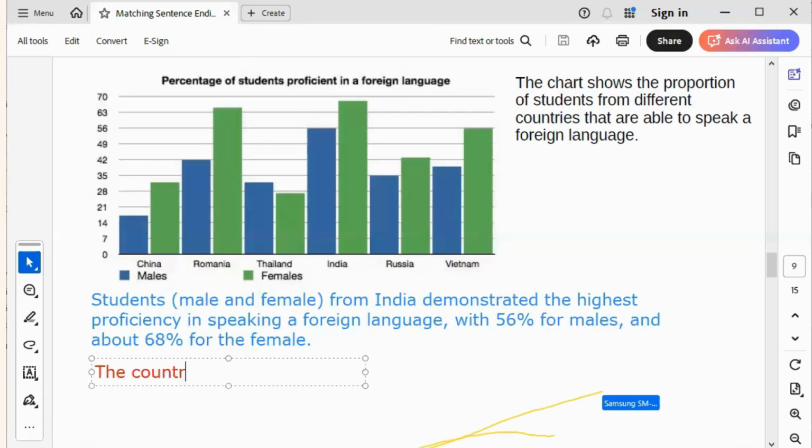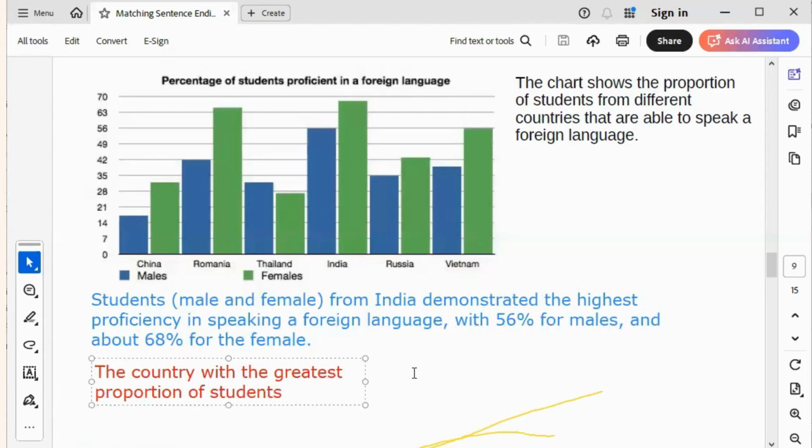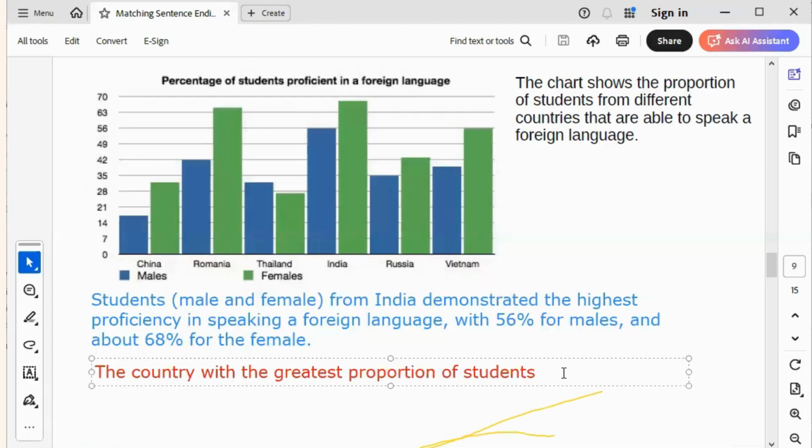The country with the greatest proportion of students. So let me just put India at the beginning.